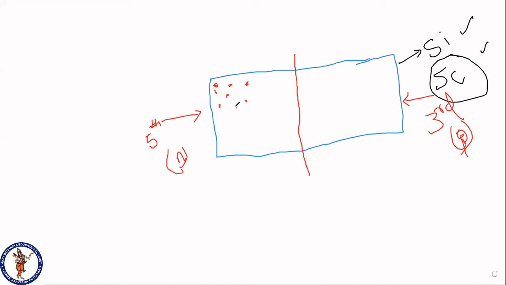That means on this side there are electrons present. These are the electrons. In the same process, we'll have holes on the other side.